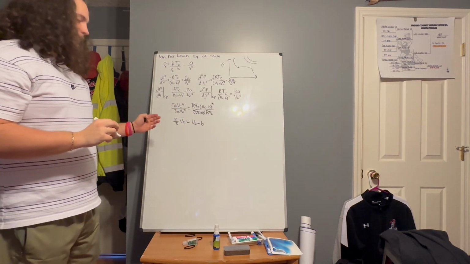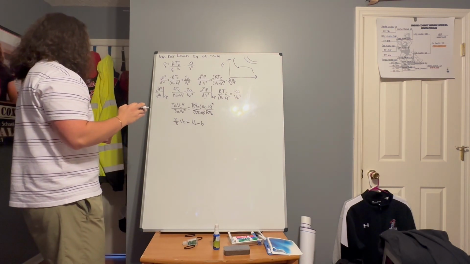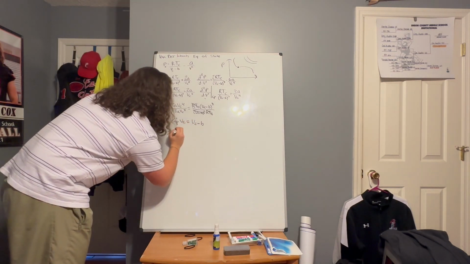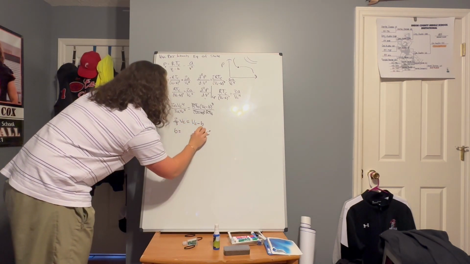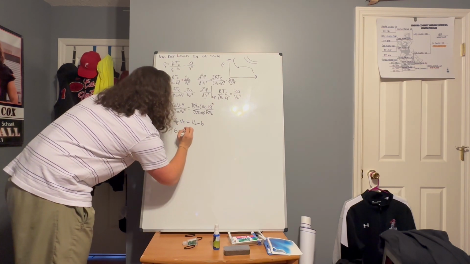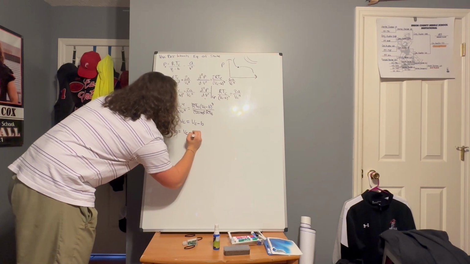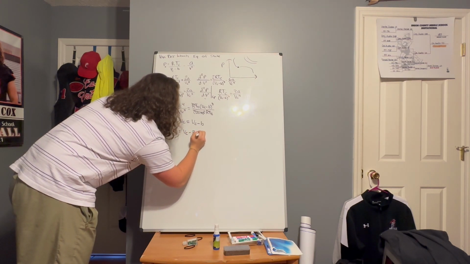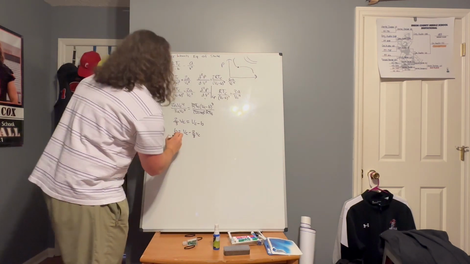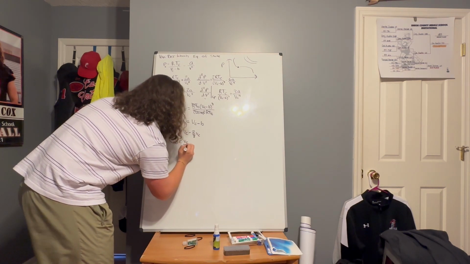From here we are able to solve for b: we add b over here and subtract the 2/3, so b is equal to VC minus 2/3 VC, which gives us b equal to VC over 3.